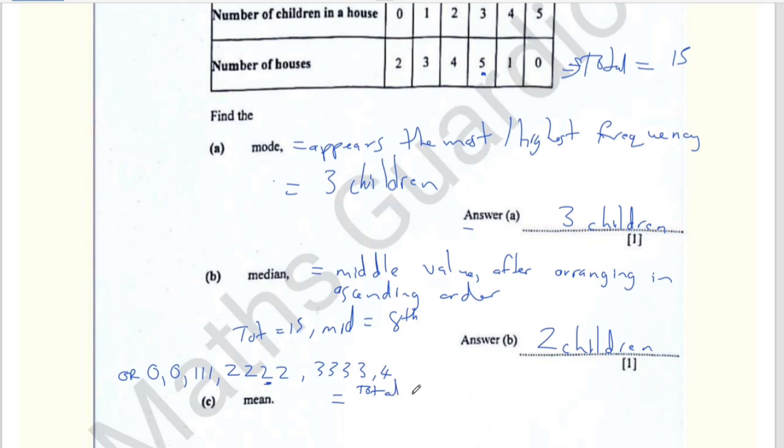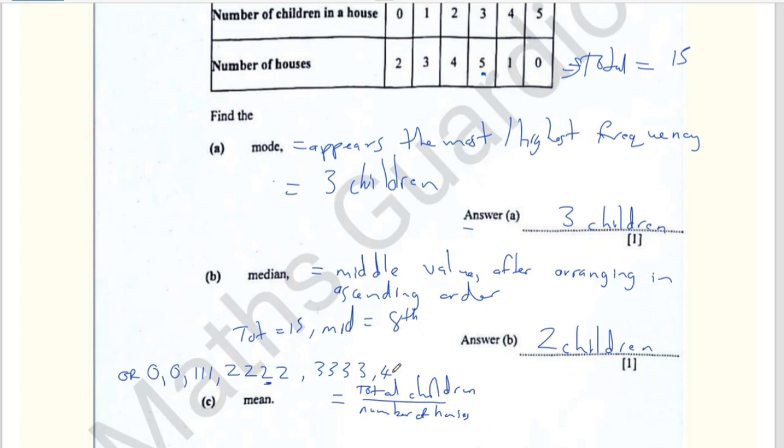Okay, then to find the mean, we simply find the total number of children divided by the number of houses, right? That's very simple. But what we're going to do, we're going to say 0 times 2 plus 1 times 3 plus 2 times 4 plus 3 times 5 plus 4 times 1 plus 5 times 0 divided by 15. Okay, and once we get that, then that will be our mean.